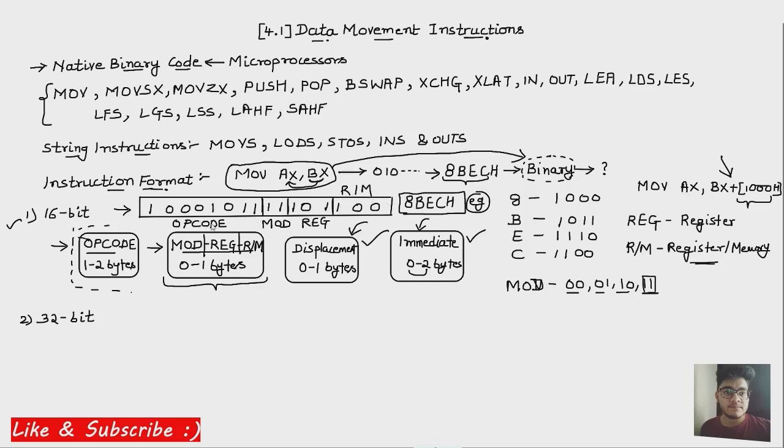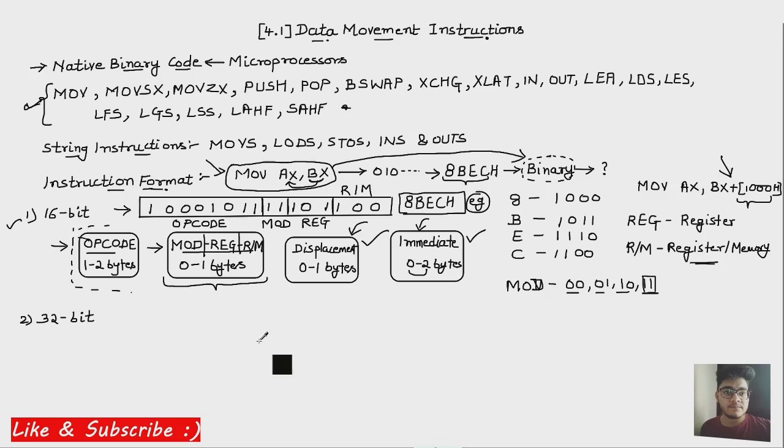Each of these fields has a significance, and we will learn how these fields are actually used to convert this whole 16-bit instruction into an assembly language instruction, which is the move or any other instruction like add or any among these which we have studied, right? So this is a 16-bit instruction format.